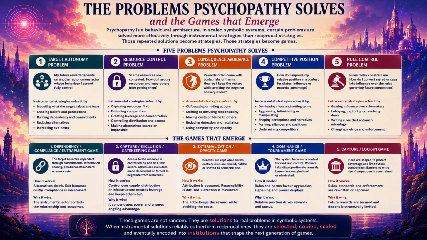The next problem is consequence avoidance. The problem is that reward acquisition often produces costs, especially if you're solving, let's say, the target autonomy problem, where you're trying to make your target's behavior predictable so that you can stabilize reward acquisition. So with consequence avoidance, when you're trying to access reward from your target, it can produce various costs, right?